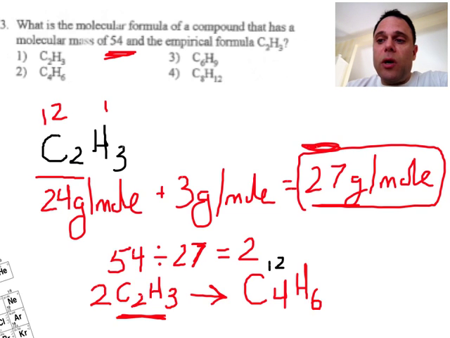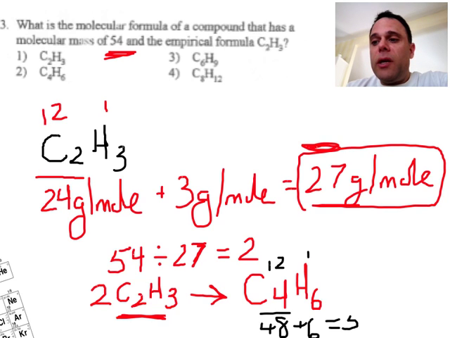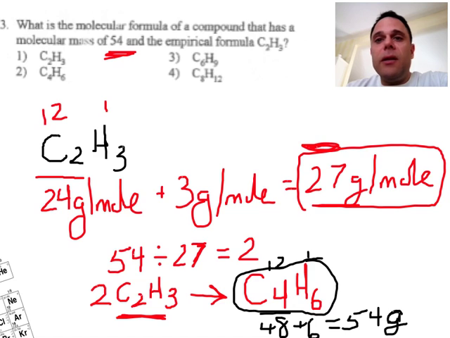We would have 12 times 4 is 48 plus 6 grams per mole from the hydrogen, and we get 54 grams. So our answer is C4H6, choice 2.